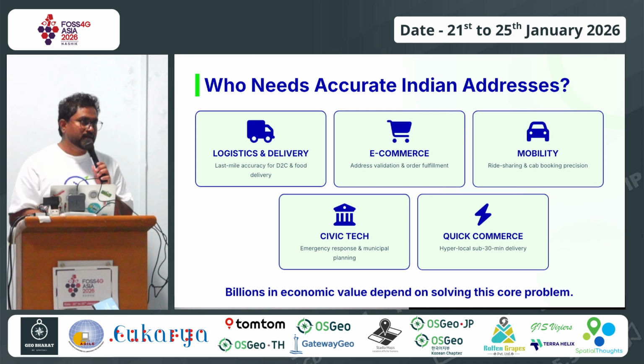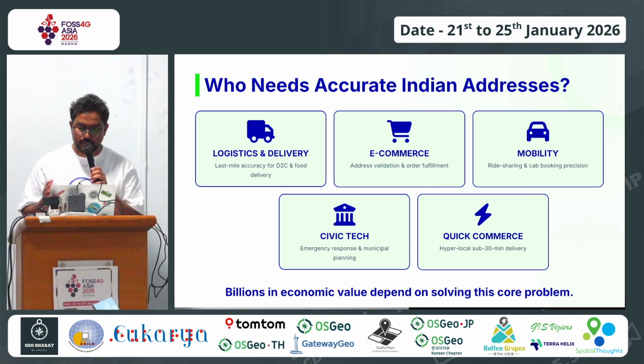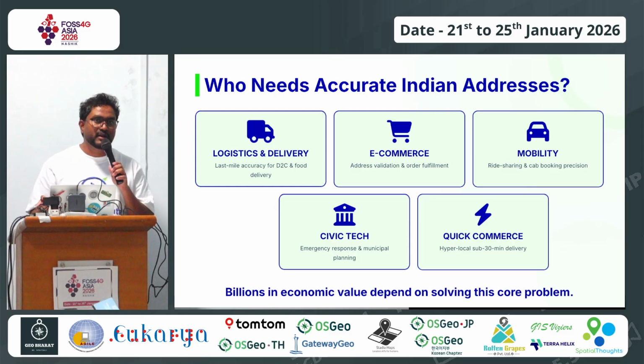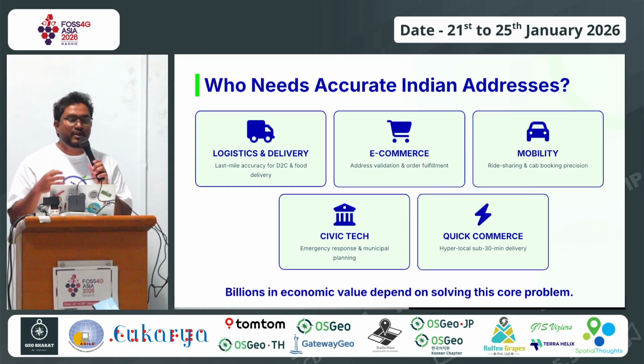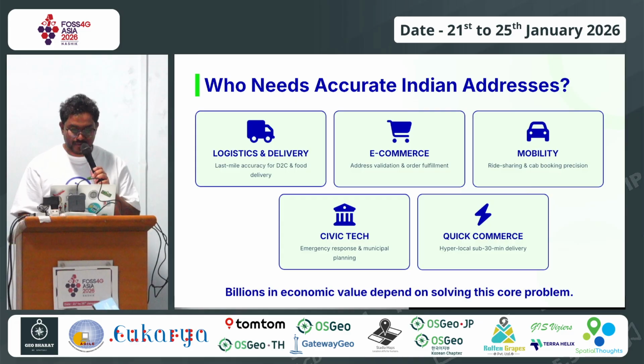Civic tech like emergency response and all those things, you can build applications for that too. And quick commerce definitely needs a pinpoint accurate address to deliver something, I'll not say in 10 minutes, but within 30 minutes from the nearest hub.